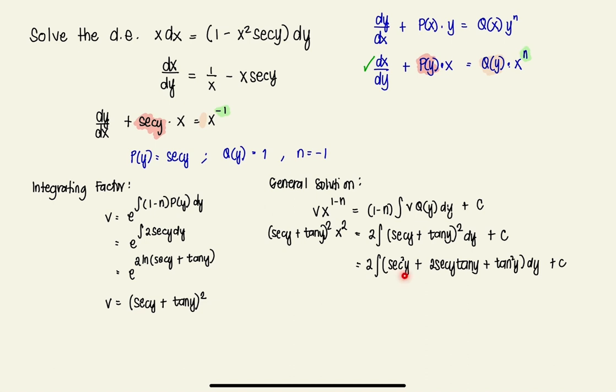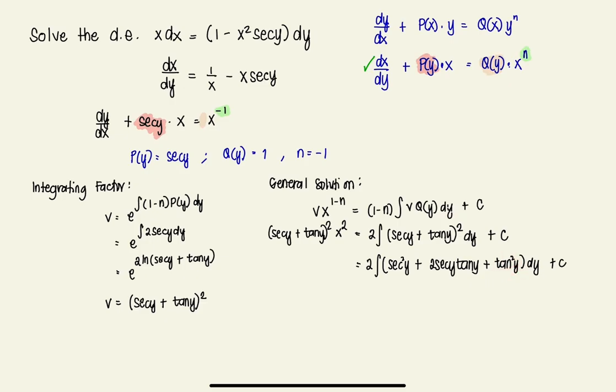Secant squared y is already integrable. 2 secant y tangent y is also integrable. But tangent squared y is not integrable, so we have to express this in terms of secant squared y. From the Pythagorean identity, tangent squared y is equal to secant squared y minus 1.